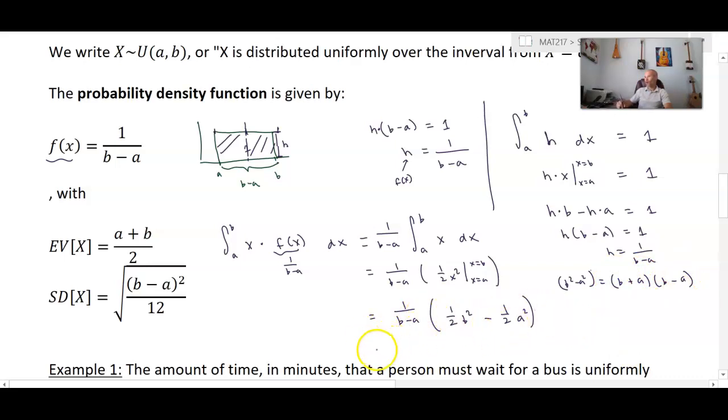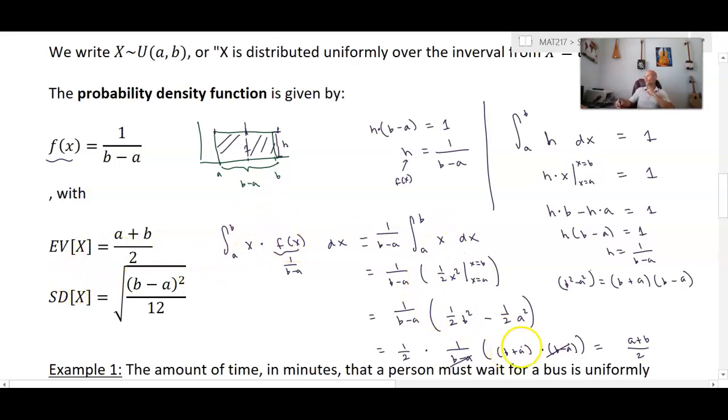So if I factor out a 1/2 from this, I'll have 1/2 times 1 over b minus a, and then b plus a times b minus a in parentheses, and I see that these two cancel right there, and I get 1/2 of b plus a, which is the same thing as writing b plus a over 2, or better yet, a plus b over 2. So again, we were able to do the expected value intuitively.